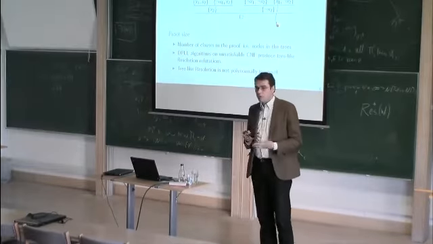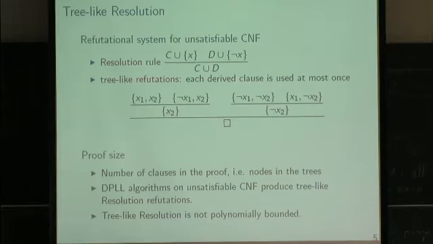Stefan was introducing various ways to look at proof systems in this framework. And I will just look in the following at the very simple system of tree-like resolution, where we just have this one rule and proofs in tree-like form. And from a practical point of view, this system is very important as it connects to DPLL algorithms.